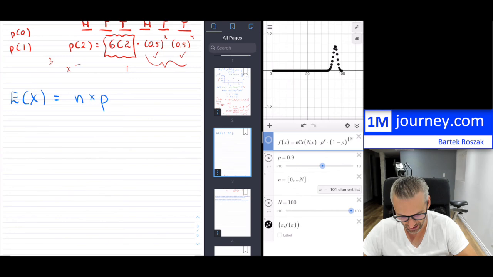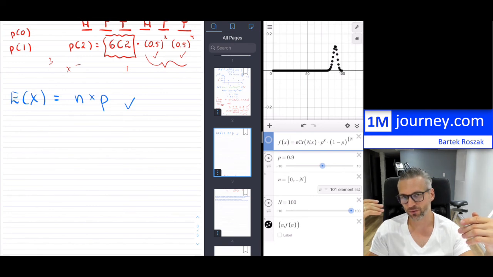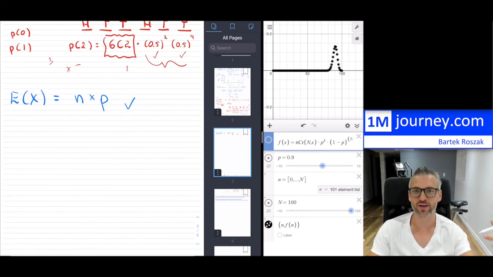Now, you might say, how did you know that? Well, because it's only dealing with probability of success and probability of failure, right? And then you have n number of trials. So you can take n and then multiply it by that p.